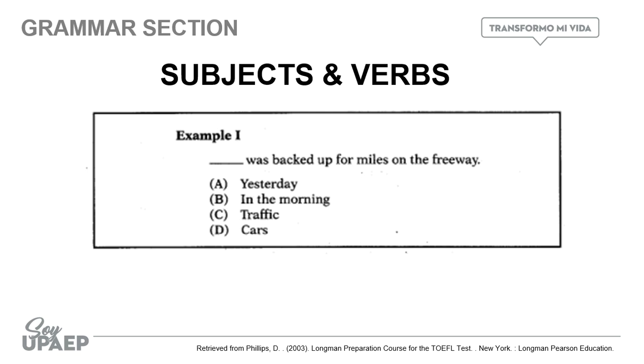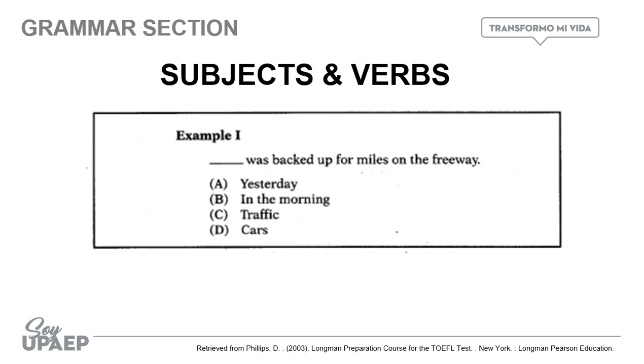So if you notice, by doing this analysis, you can eliminate automatically options A and B. Why? Because neither yesterday nor in the morning is a subject. Okay? So you only have option C and option D. So now, what do you need?